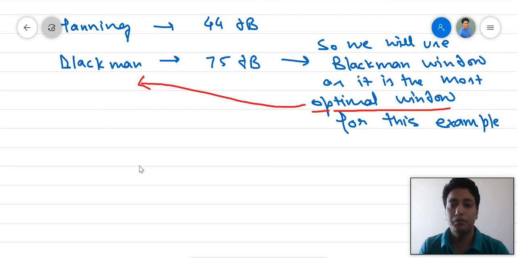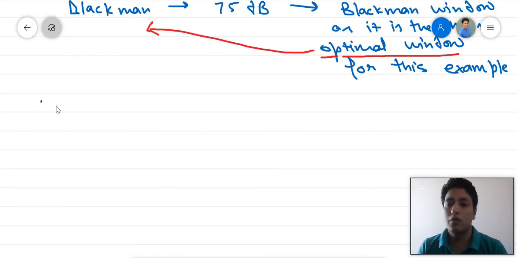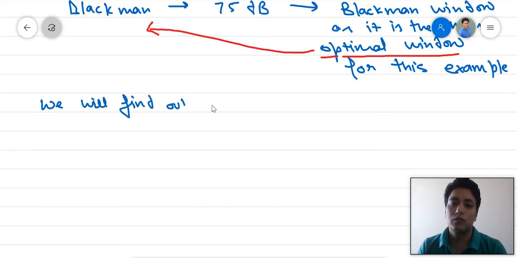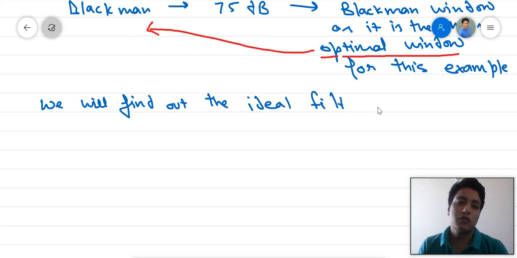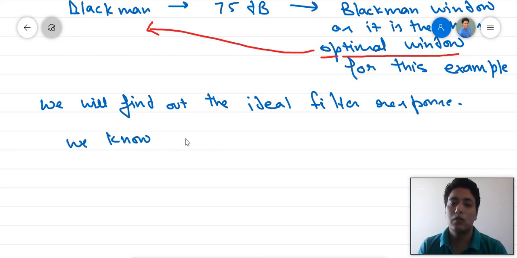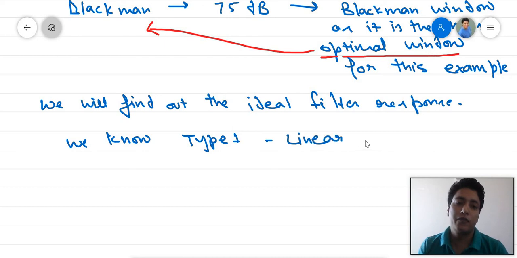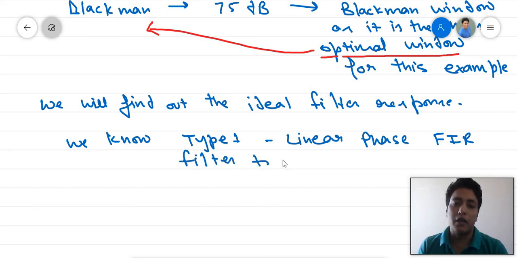Next we will find the ideal filter response. For that, we know a type 1 linear phase FIR filter is to be designed.